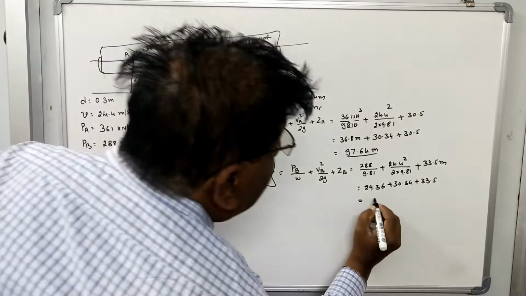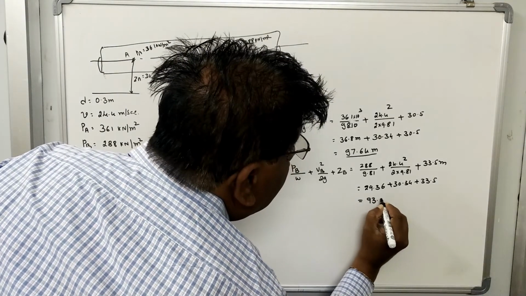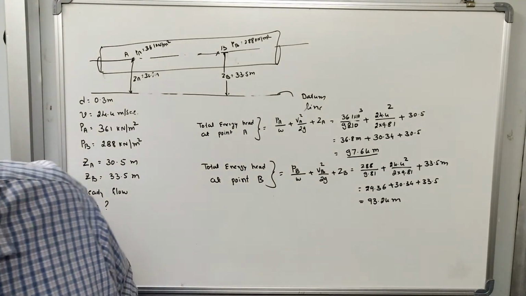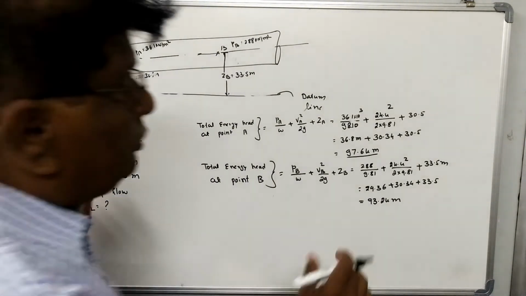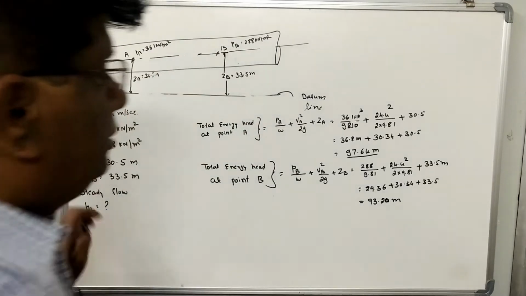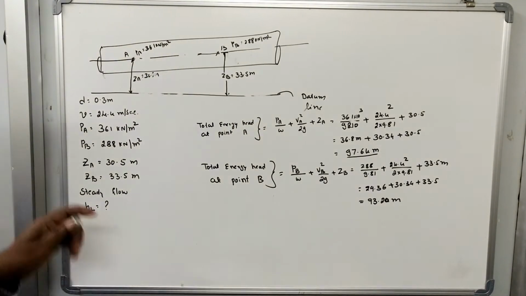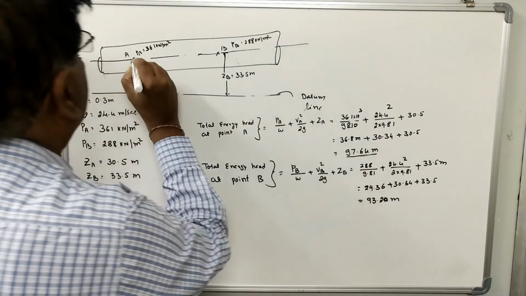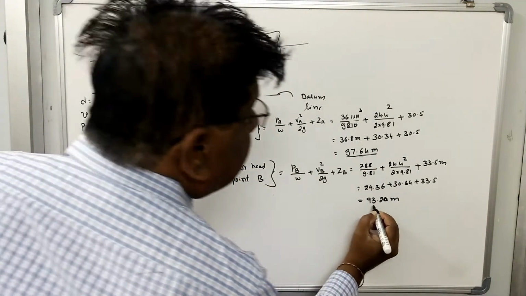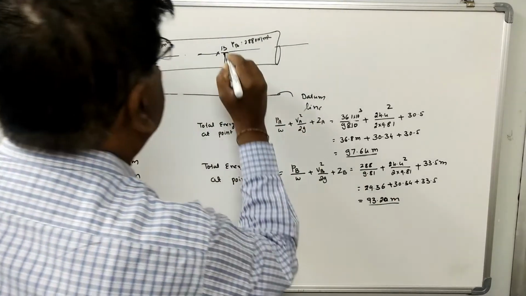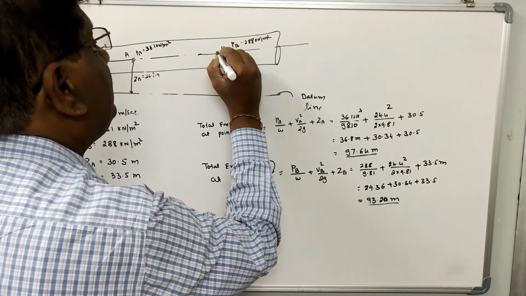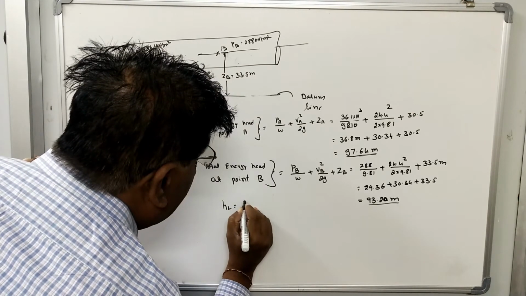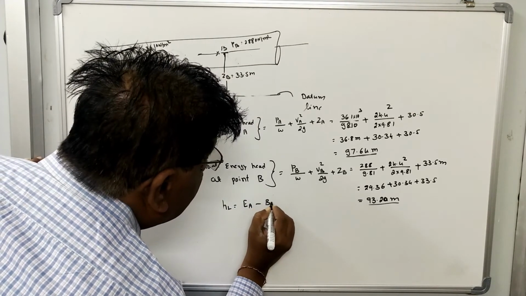That is 93.20 meter. So, this is the energy head possessed by the flowing fluid at point A, and this is the energy head possessed by the flowing fluid inside the pipe at point B. So, HL is equal to EA minus EB.